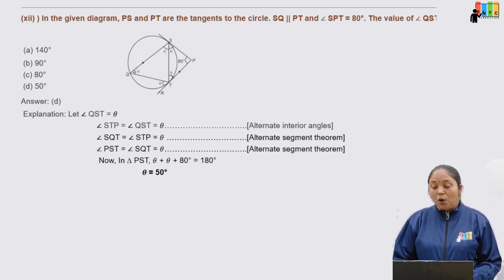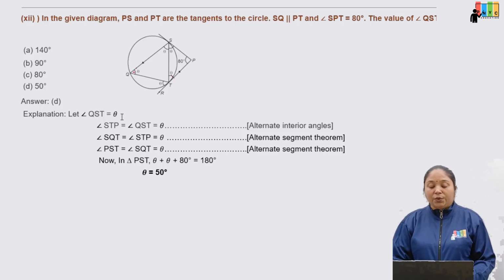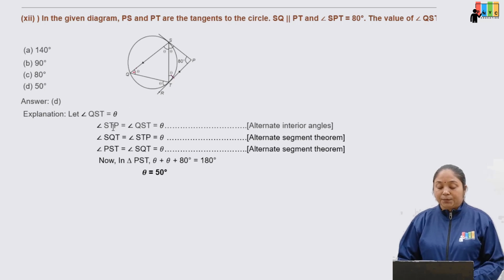Find the value of angle QST. Now we need to find out the value of angle QST, that means this theta. Let's say angle QST we will consider as theta.